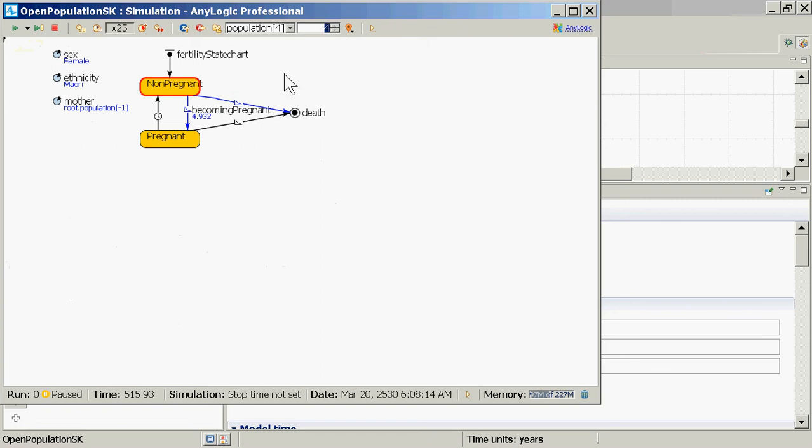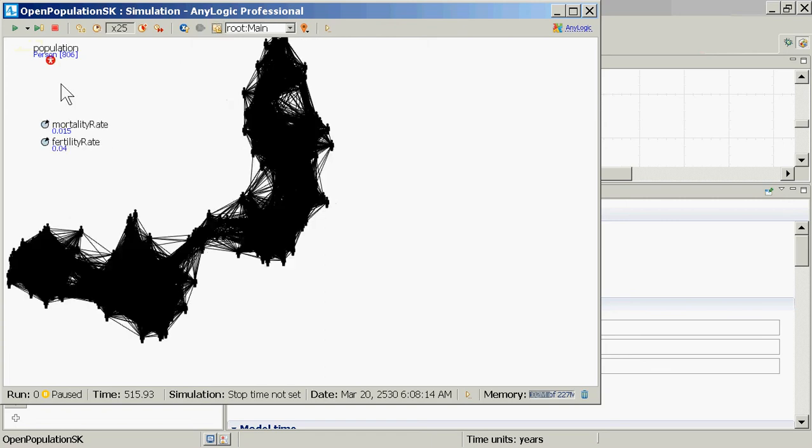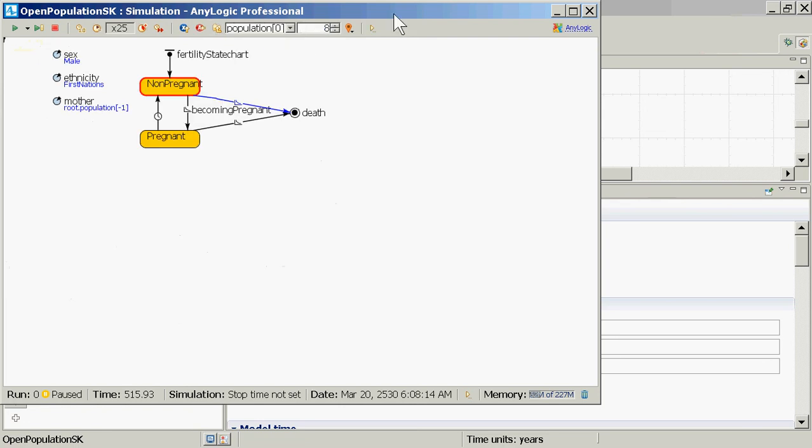The information on the mother is still being kept around, but she's no longer in the population. This population is currently of size 806, so I'm going to go down and look at some of the later people in the population, say person 805. This person was begat by this mother, who's currently population member 223. And if we look, this person is a female Maori within the population, number 805, and her mother is population member 223, a female Maori, who is descended from population member 195, who is a female Maori, whose mother was there, but has now passed away.